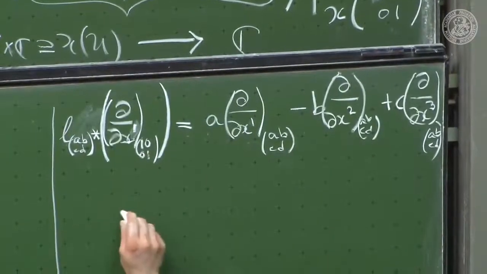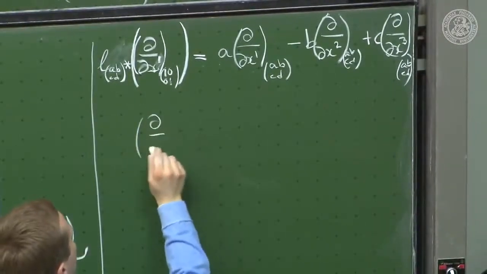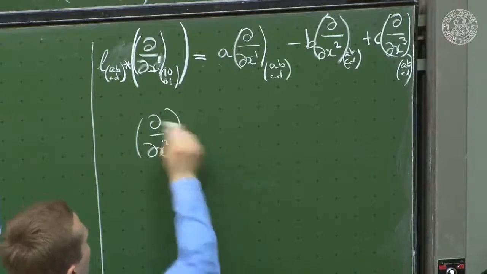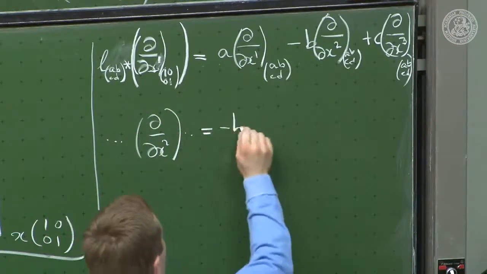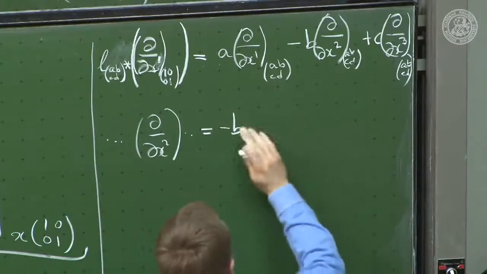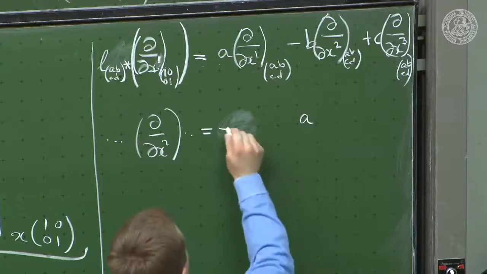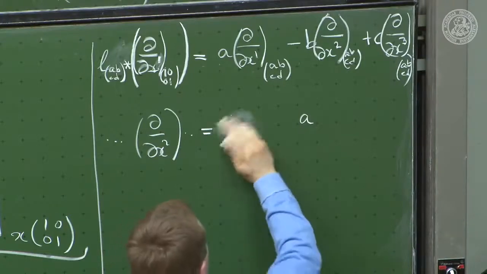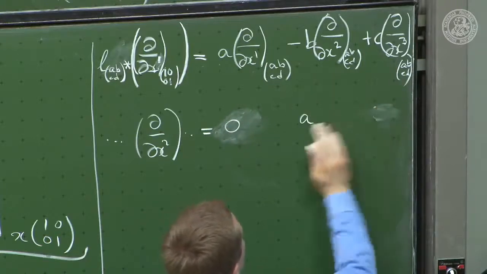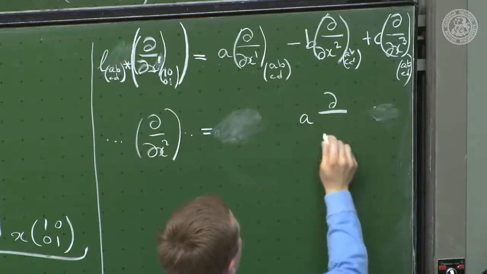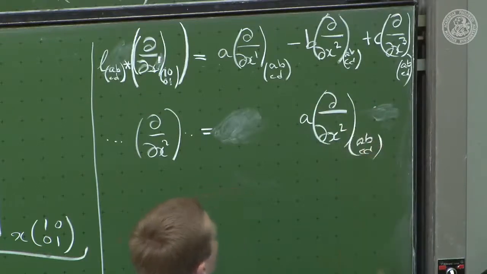And so the same is true if I write here, so everything stays the same, but I write d by dx2, and everything else is the same, equals, and then it has the factors minus b, 0, a. No, minus b was right. No, 0, a, 0. So there's only a times d by dx2 at that point.